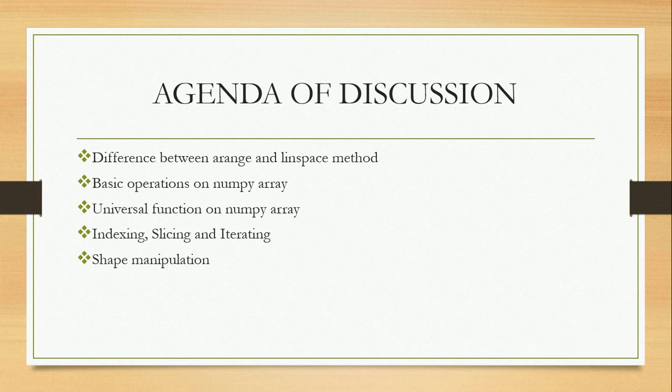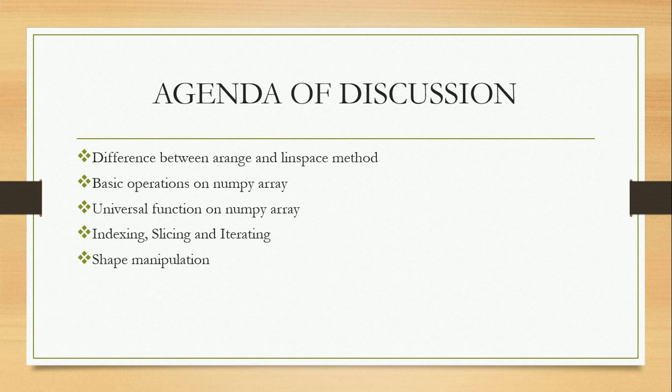As far as shape manipulation is concerned, this deals with how you can change the shape of a numpy array, like if you want to transpose a 2D array, then how can you transpose that two-dimensional array.